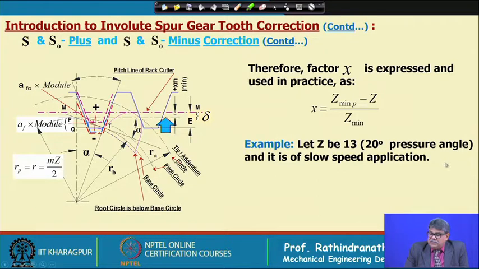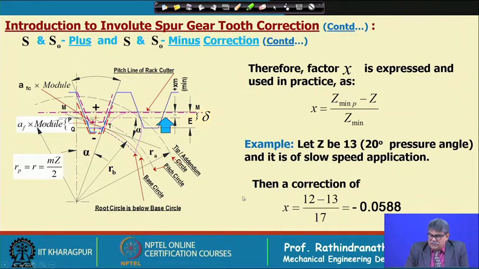Now, if we take an example, we will understand it in a better way. Let Z be 13, we have taken 13 teeth and a 20 degree pressure angle, and it is a slow speed application. Then the correction according to the formula becomes 12 minus 13 by 17, which is minus 0.0588, close to 0.06.